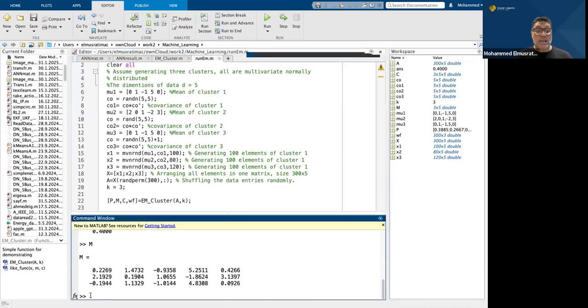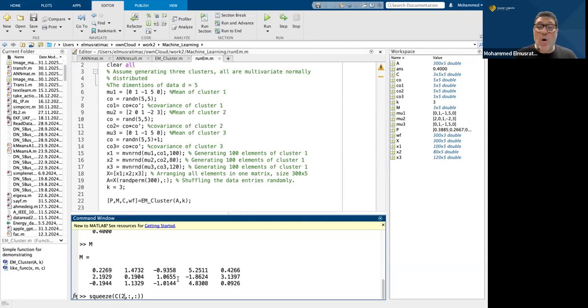Now you can also check the covariance. If you want to check the covariance of each cluster, let me take the second one. The covariance matrix for the second one is here, C capital, so I will put here C, and I want to see the covariance of the second one, after the expectation maximization algorithm.